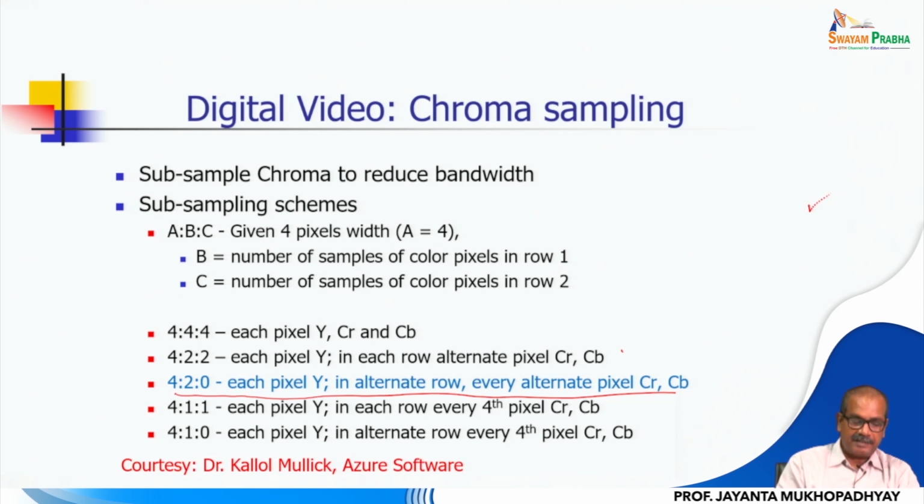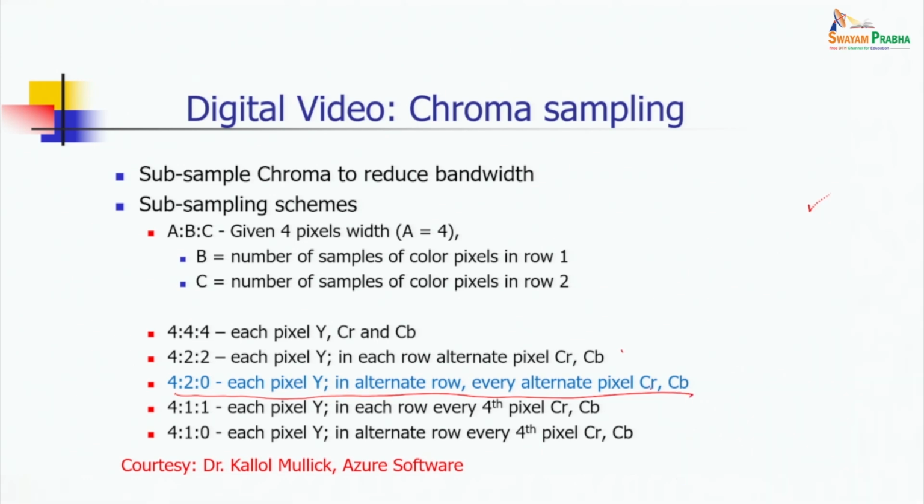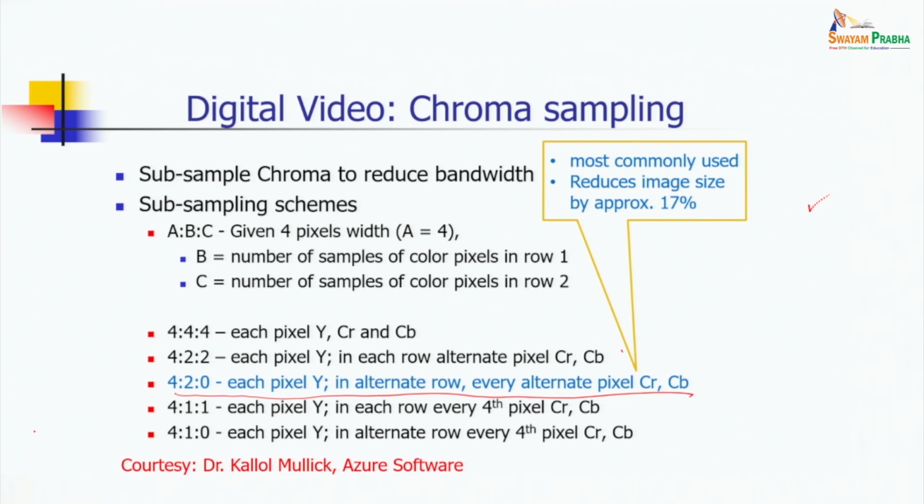It says 4 to 2 to 0, which means that in alternate rows, every alternate pixel contains the color information. If I pictorially show these things, as I mentioned, this scheme is most commonly used, reduces the most, and it reduces the image size by approximately 17%.